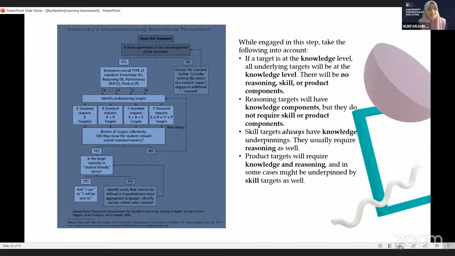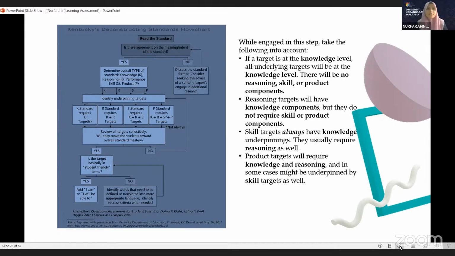Okay, this is a very helpful flowchart to help teachers make sure that their assessment is guided by clear standards or clear targets.